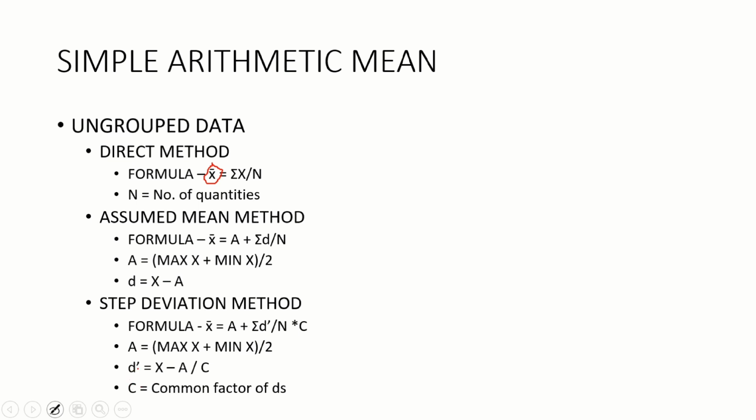And now the d apostrophe is actually x minus a, the deviations divided by c, which is the common factor. Right. So arithmetic mean equals assumed mean plus sum of all deviations apostrophe divided by number of quantities multiplied by common factor.